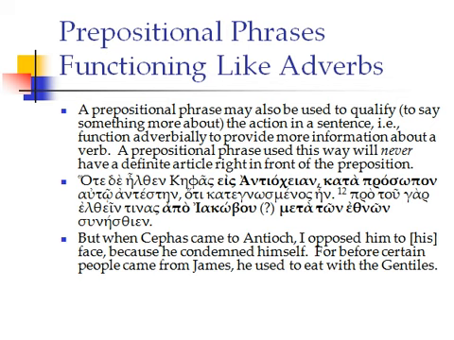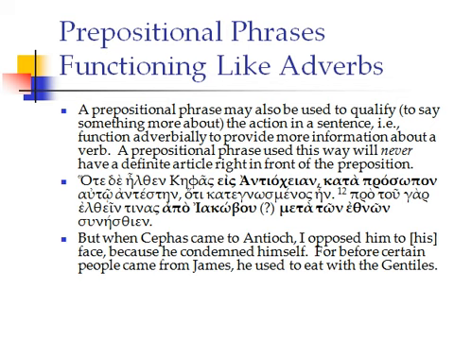Now, what happens when a prepositional phrase is not preceded by an article at all? Well, in many cases, that prepositional phrase will be functioning like an adverb. It will be used to provide more information about some action in the sentence.